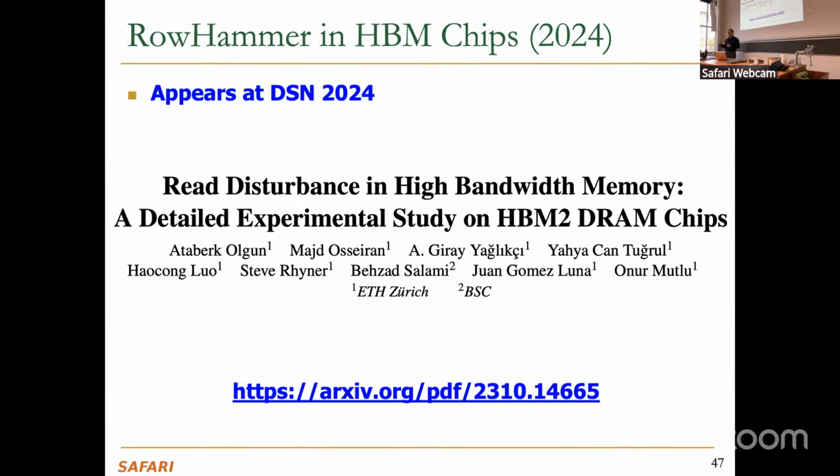Also the HBM has 2.5D or 3D stacking, where you have mechanisms to get data out quickly because of that stacking. So basically the vulnerability of HBM is very similar. There are some other things that this paper examines that are HBM specific, but I don't want to go into that. It's not, let's say, first order.